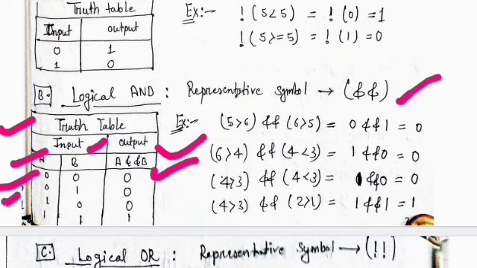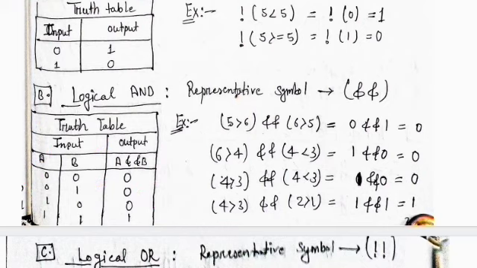If the value of A is 0 but the value of B is 1, then it also produces 0. And if the value of A is 1 and the value of B is 0, then it also produces 0, meaning a false value. But in the case where both are 1, then it produces 1, else it produces 0 in any condition.